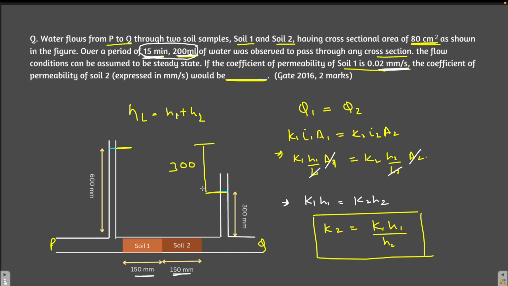So first of all, let's do that. We have to homogenize the units. It's given as 200 ml per 15 minutes, right? For converting ml, 1 ml is equal to 1 centimeter cube, cc.